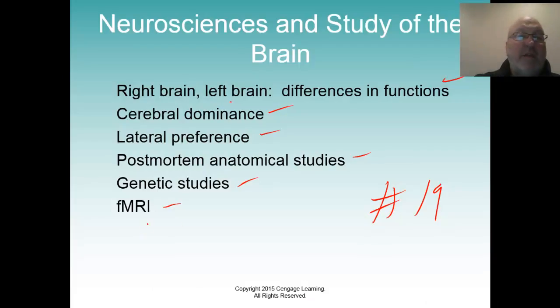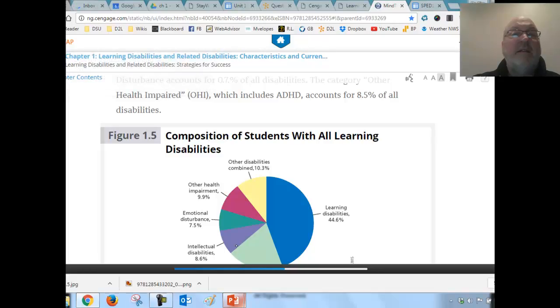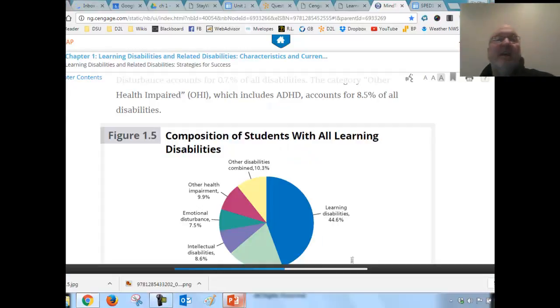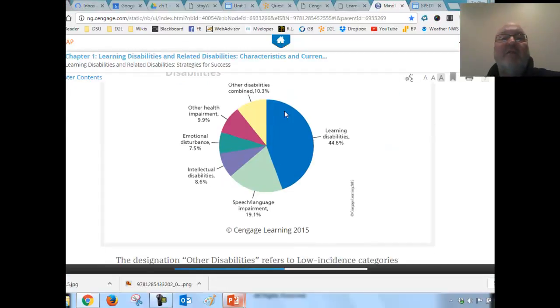I'm just going to say number 20, clip here, and it's the table figure 5.1. And just look at that, and it just is a nice layout of these different things.